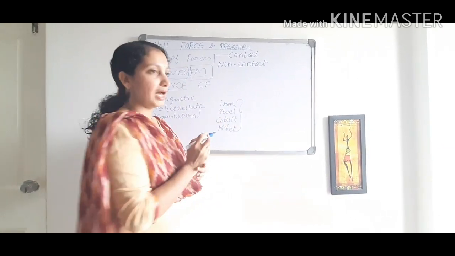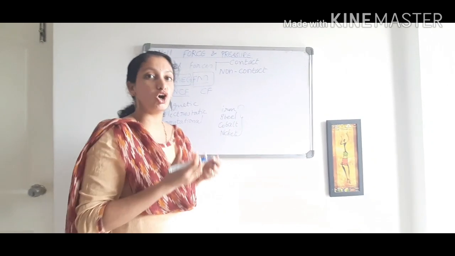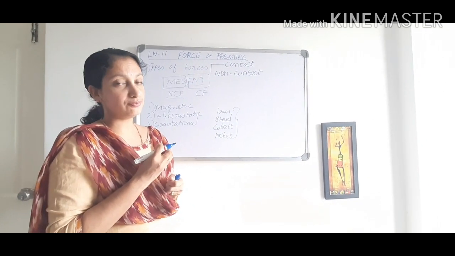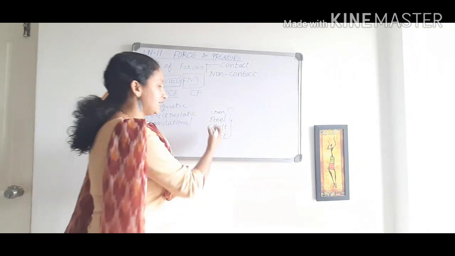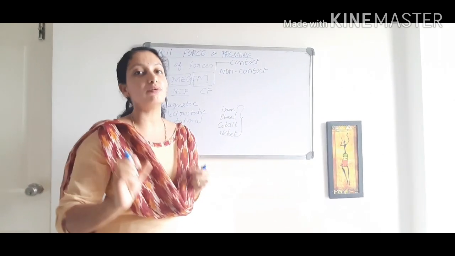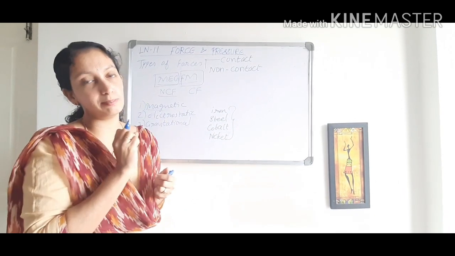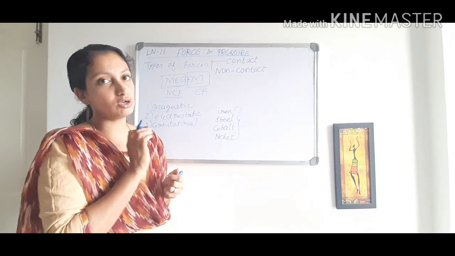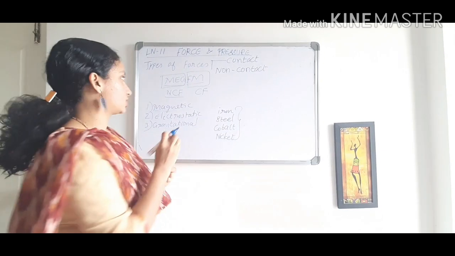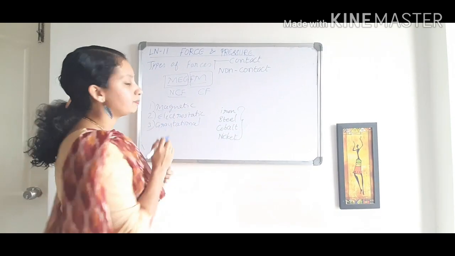If the object does not contain these, there is no magnetic power. It cannot attract towards the magnet. The object is not at all attracted towards the magnet. That is called magnetic power.